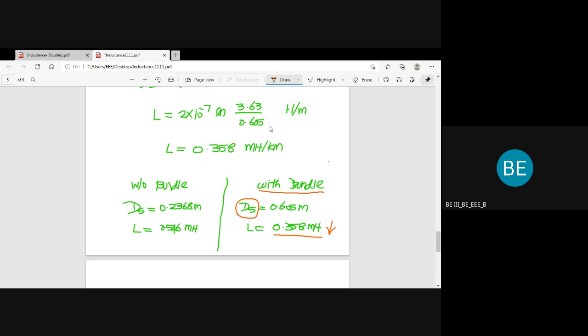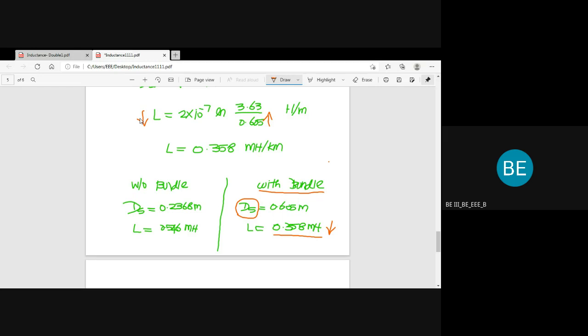So once the self GMD or GMR increases, automatically your inductance value will decrease.